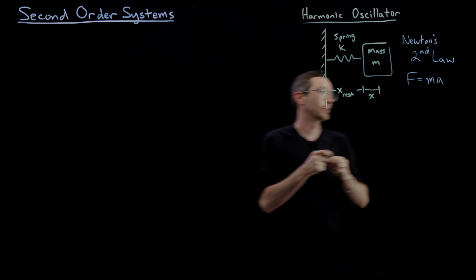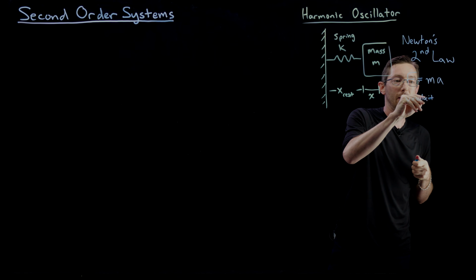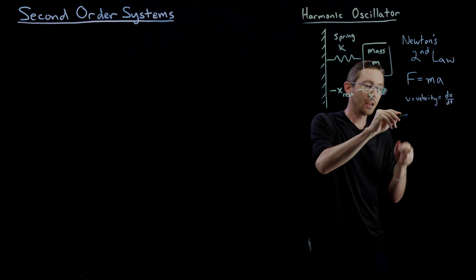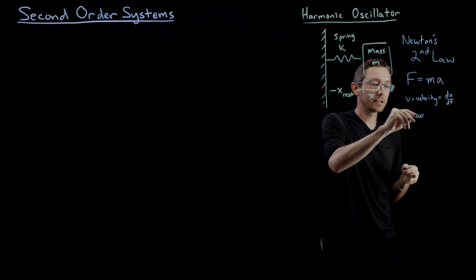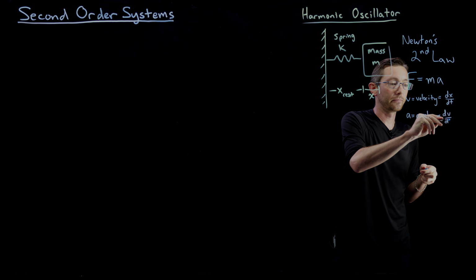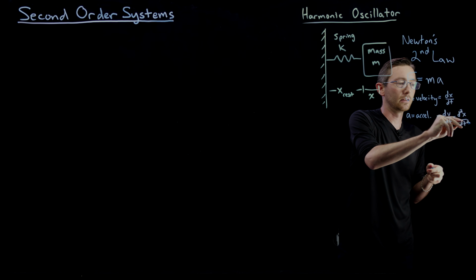So velocity, let's just say, v equals velocity equals dx/dt. a equals acceleration equals dv/dt, which equals d²x/dt².